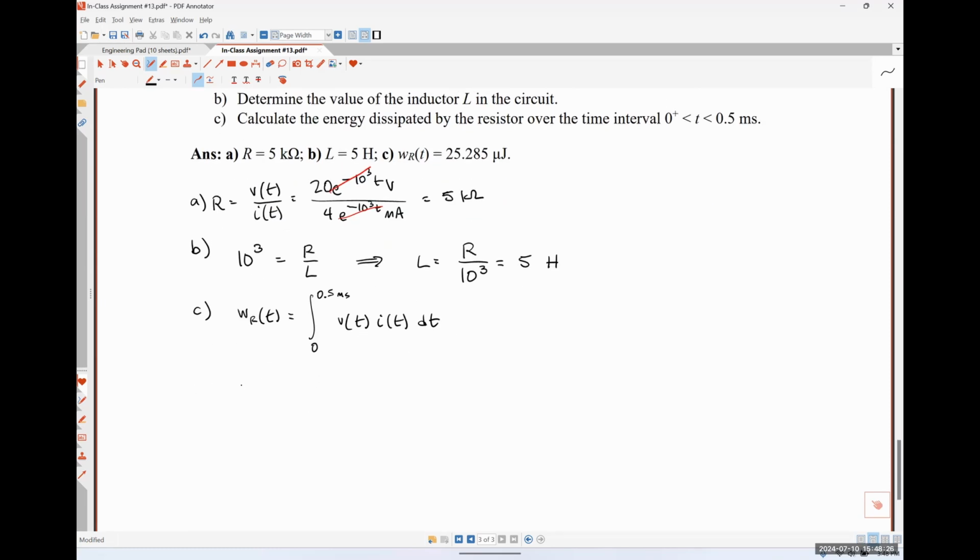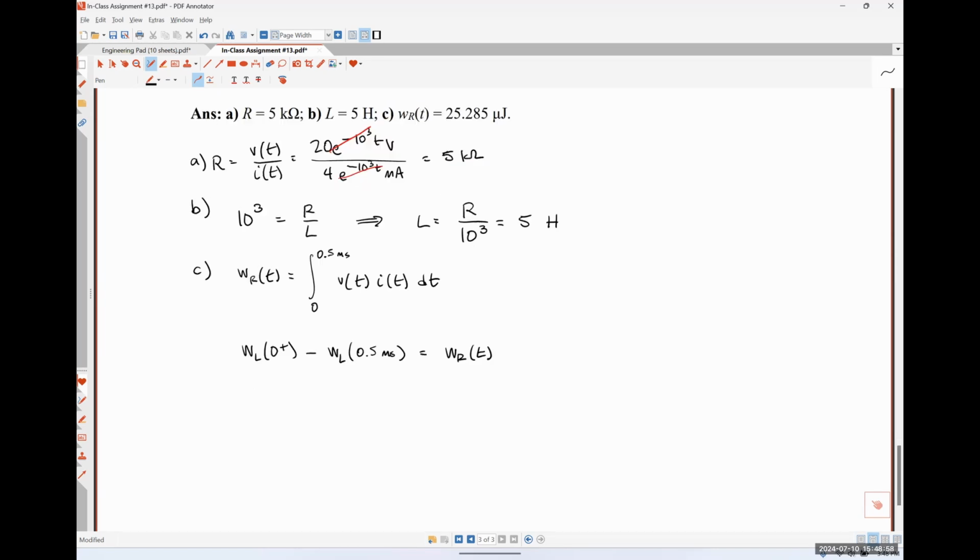So if we were to find the energy stored by the inductor at 0+ and subtract from that the energy stored by the inductor at half of a millisecond, that is going to be the exact same thing as the energy dissipated by the resistor over that interval. And the reason why I'm using this approach is, once again, I don't have to do any calculus, and I'm really lazy and I don't like integrals.